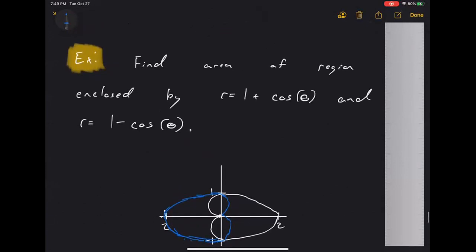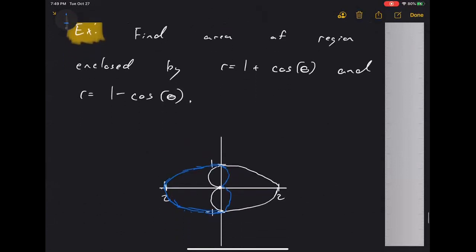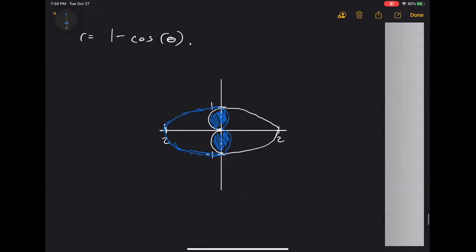All right, so we're told to find the area of the region enclosed by those two curves, so in between those two curves. So what region are we talking about? Looks like we need this and this.